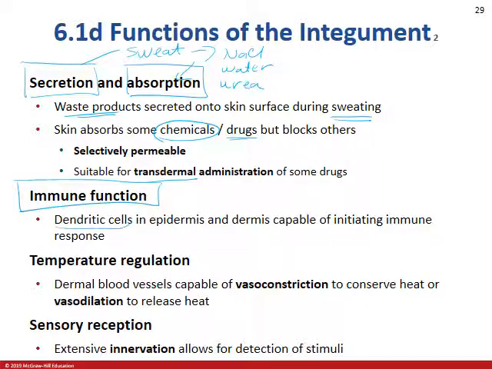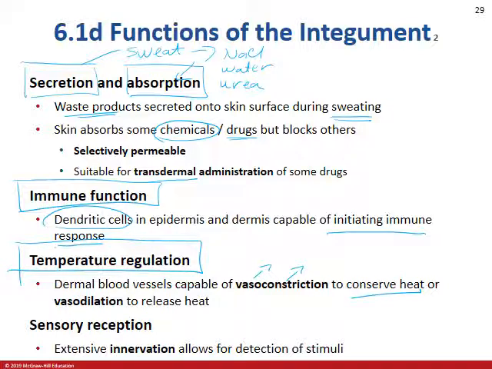Immune function, we already mentioned those dendritic cells that are kind of monitoring the passage of pathogens between the layers. They can also initiate an immune response. We have temperature regulation. So not only sweating, that thermal regulation, but also you can have blood vessels that either constrict to conserve heat, or you can have blood vessels that dilate or open to release heat.